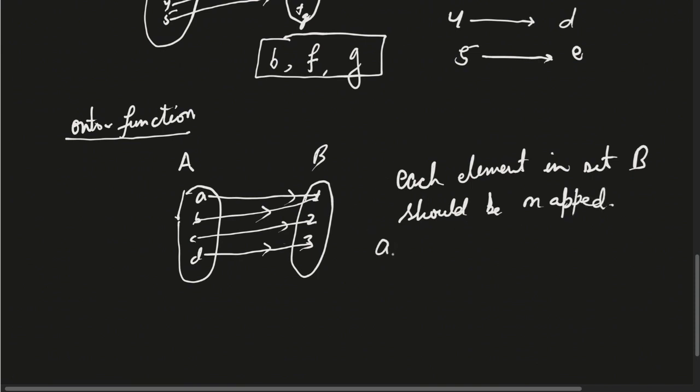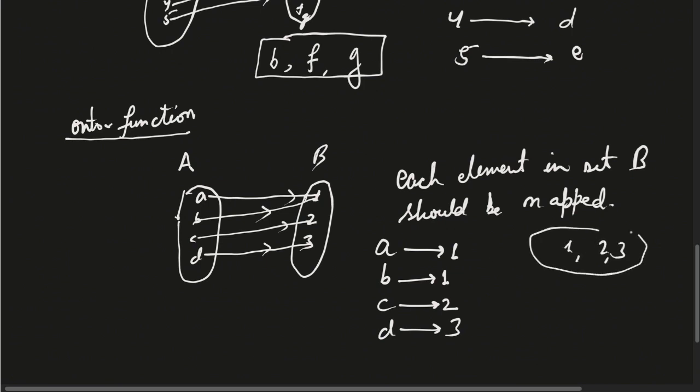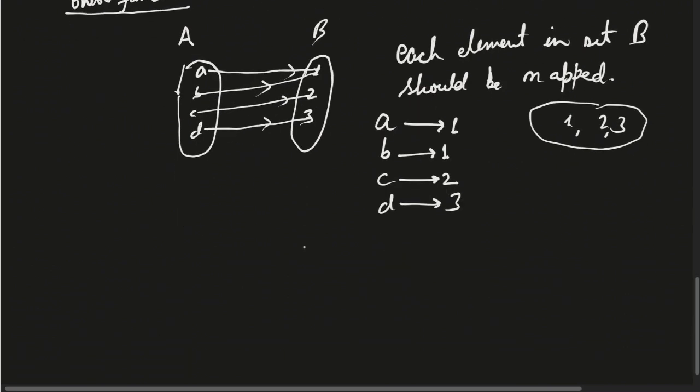So if we see, A has been mapped with 1, B has been mapped with 1 again, C has been mapped with 2, and D has been mapped with 3. So see, each of these 3 elements 1, 2, 3 in set B has a corresponding mapping in set A. This type of function is called an onto function.